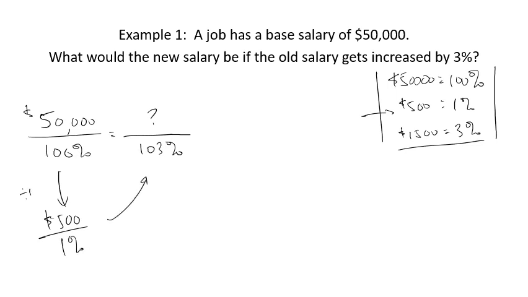And then multiply this by 103. That gets us from this unit percent, this 1%, up to 103%. If I multiply 500 by 103, then I get 51,500. And that gets us right to this answer rather than figuring out what the 3% is and then adding that on.